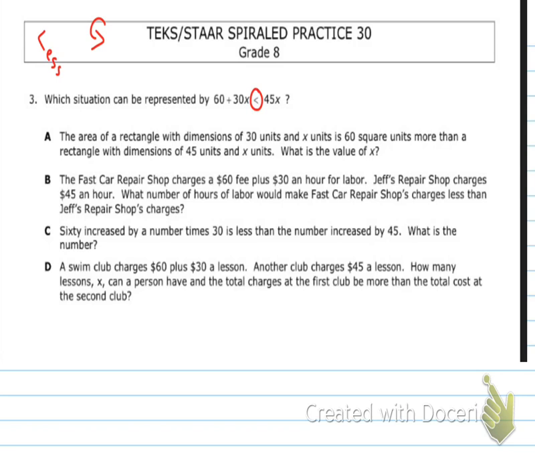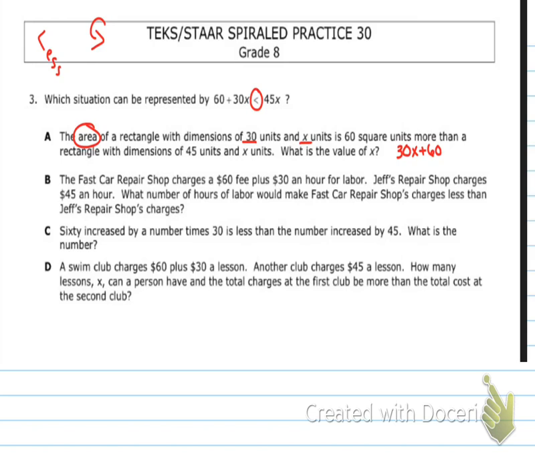So A says the area of a rectangle with dimensions 30 and x units. So just keep in mind, area is length times width. So if I want to set up the first part, I need to do length times width. So what's 30 times x? 30x. And then it says is 60 square units more. So it's added to it because it's more.